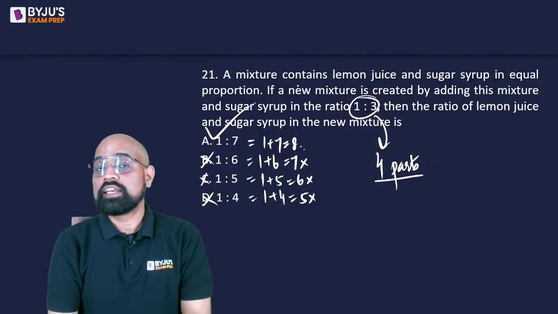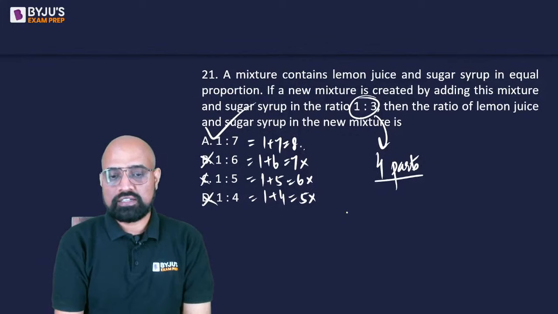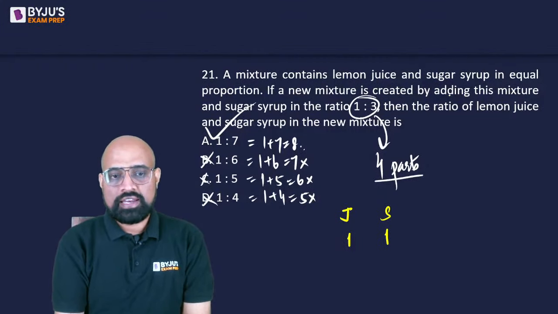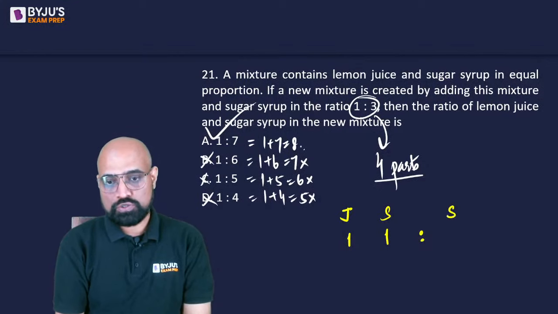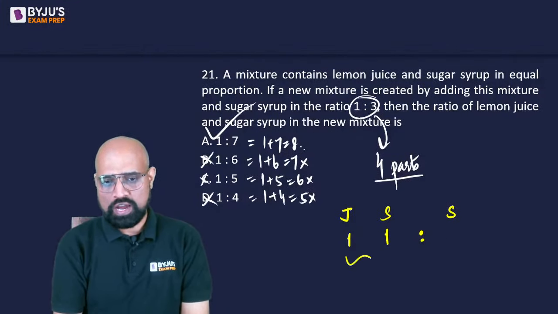Now someone says, no, if I had to actually solve it, how am I going to solve this? So it says lemon juice and syrup are in equal proportion. These two are 1 and 1. Now this mixture is mixed with sugar syrup in the ratio 1:3. But this is not 1, this is 2.